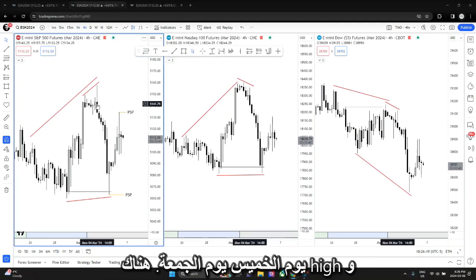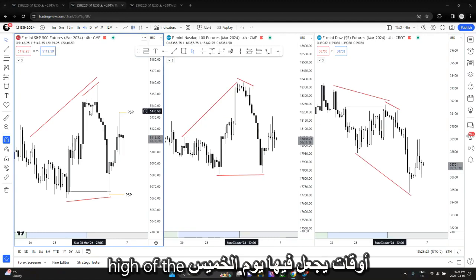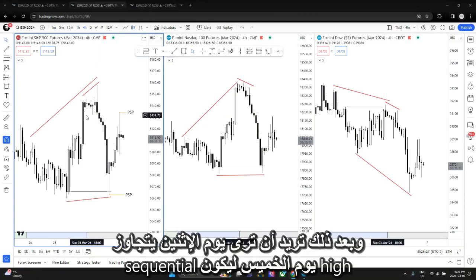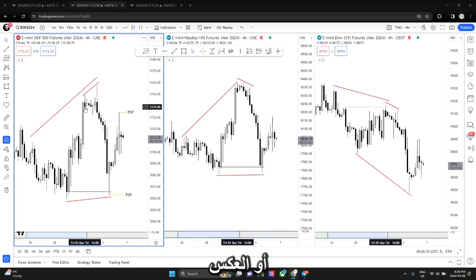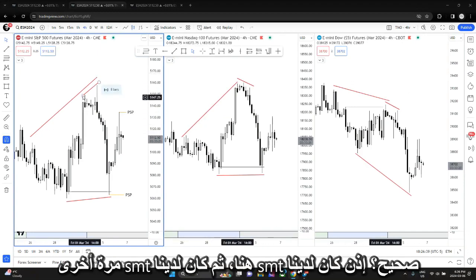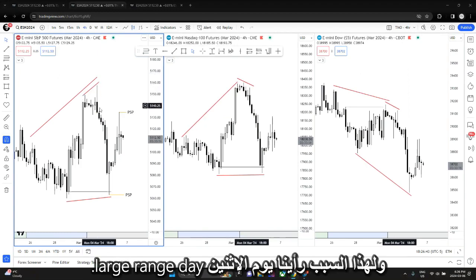There are times when Thursday will make the high of the week, and then you want to see Monday run Thursday's high for it to be sequential SMT. Or vice versa. So we had SMT here, then we had SMT again on Monday, which is why we saw Monday being a large range day.